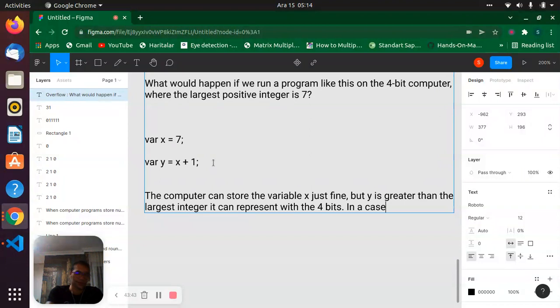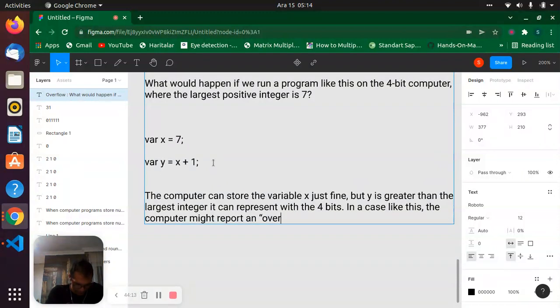Anyway, I don't want to give you some hint, because we have to go through our experiments, our practice. In a case like this, the computer may report an overflow error.